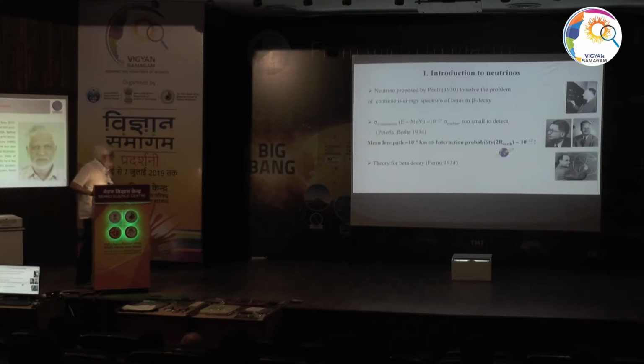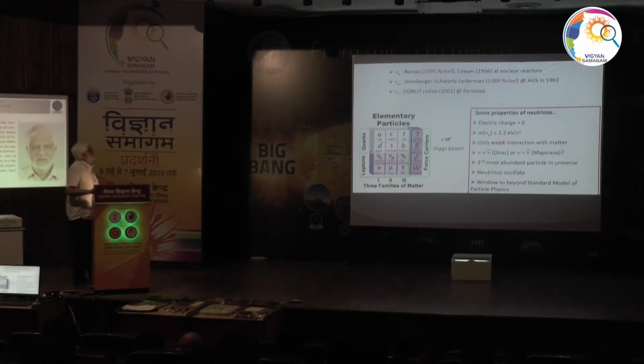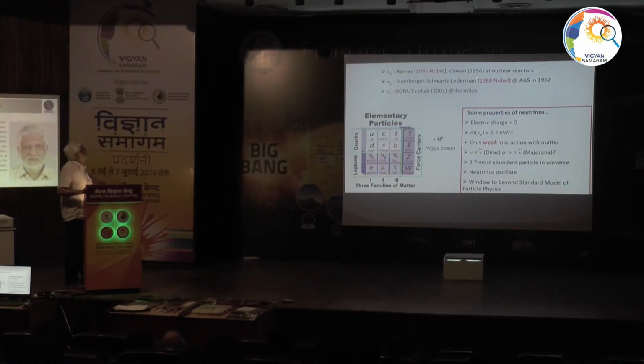Of course, these are the photographs of the people involved. This is, of course, Pauli, this is Peierls, this is Bethe. Bethe became famous, of course, for many things, including nuclear reactions that power the sun as well as stars. Of course, this is the great Fermi. Okay, so the electron type of neutrino was discovered by Reines and Cohen in 1956.